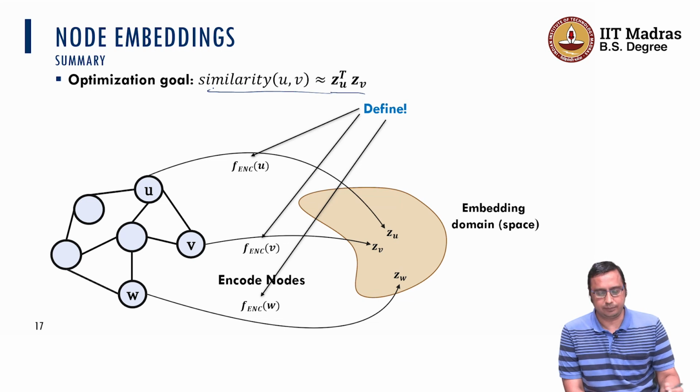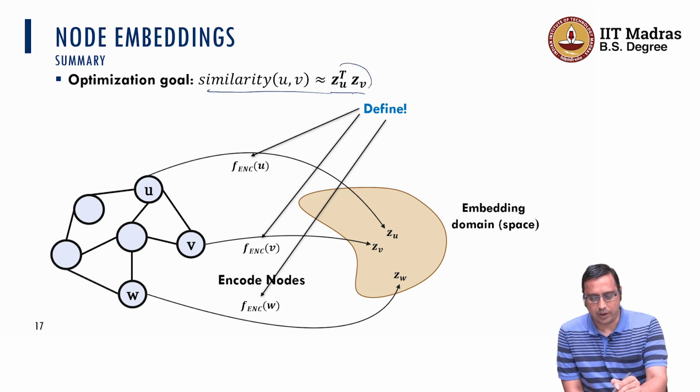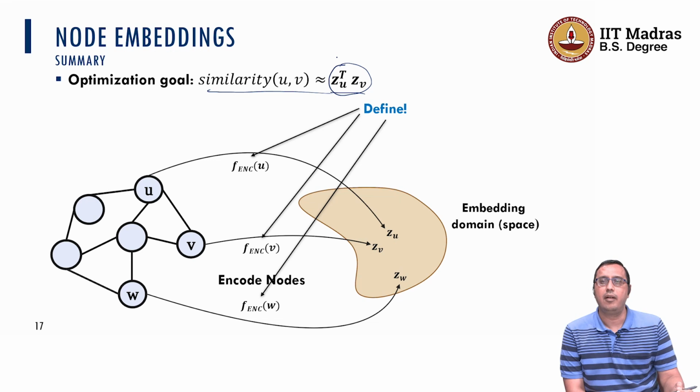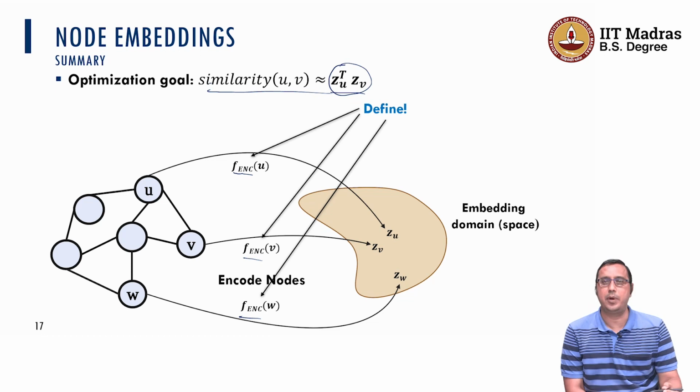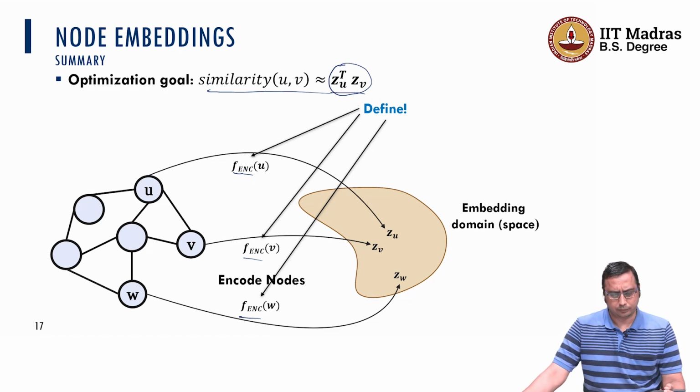We have done it. Just note that this is one way we are defining the decoder function. Other decoder functions are possible. And as I told you earlier, I want to define encoder functions and train their parameters such that I achieve this optimization goal.